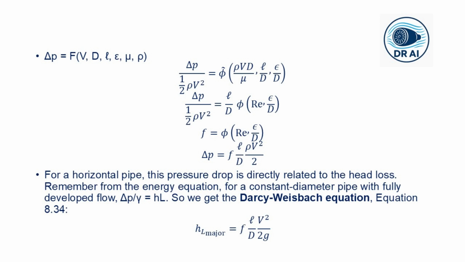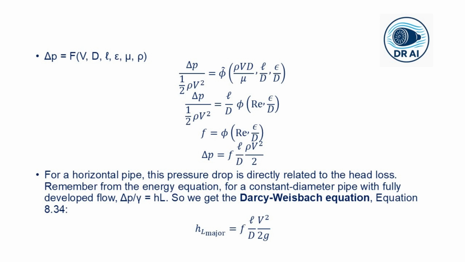So there are seven variables. Now we apply dimensional analysis as we learned earlier in fluid mechanics. We can reduce these seven variables, which involve three fundamental dimensions, M, L, and T, down to four dimensionless groups, which is written over here in the form of an equation.